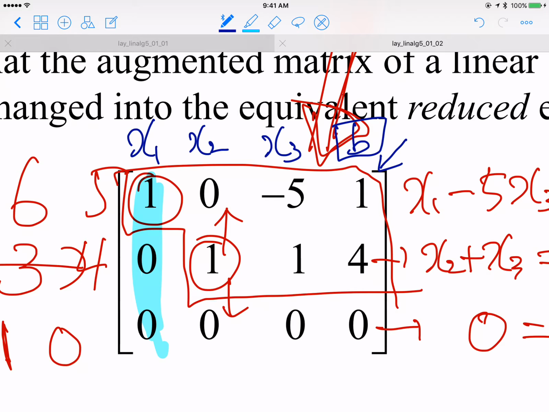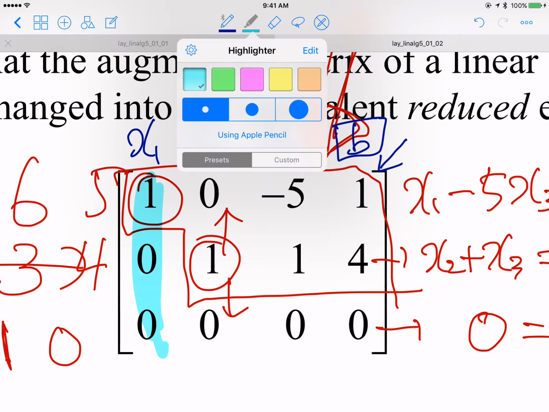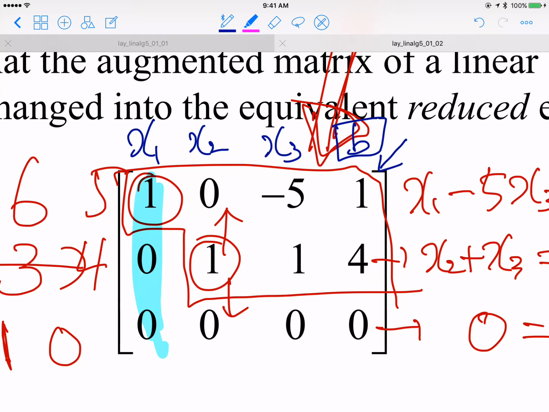Here, the pivots are located in these positions, and their column positions correspond to x1 and x2. What about x3? We still have another variable, but in that column we don't see any pivots, which means no row has a pivot in the position of x3.